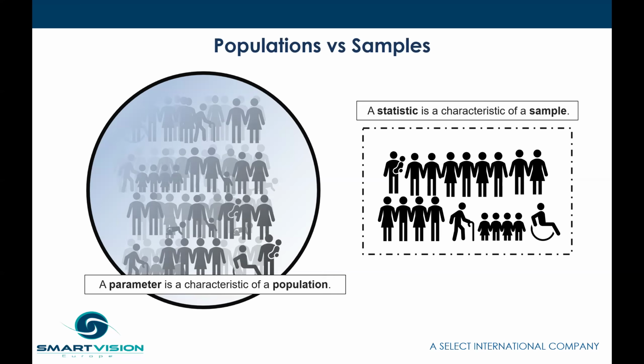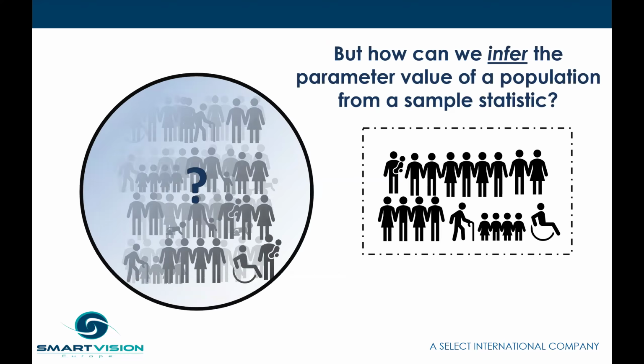And obviously, the larger the sample you have, the more representative a sample you have, theoretically, the closer that should be, or the better an estimate that should be of a parameter. So that's the theoretical background. So we're using statistics to make an inference, to infer what a parameter value is in a population.